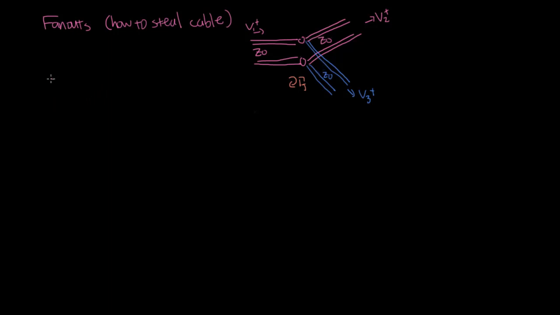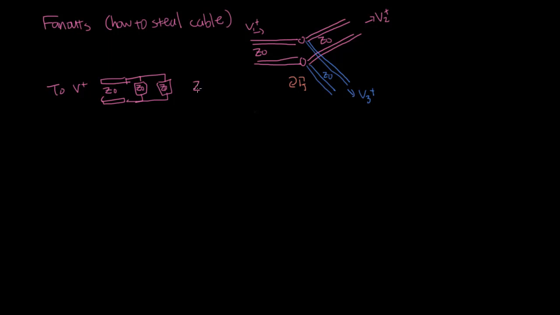So at the junction, the V plus signal looks a little bit like this. You have your transmission line, and then coming out, you actually see a Z0 in parallel with Z0.